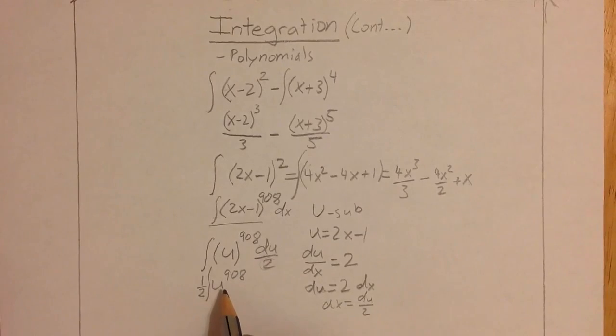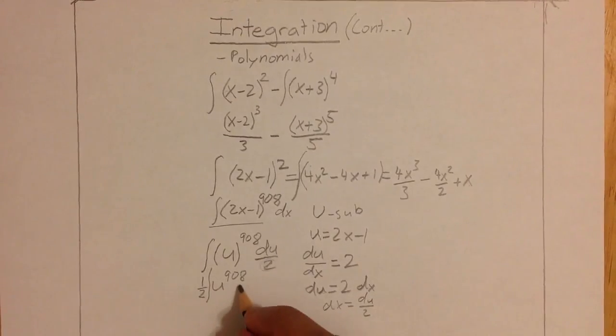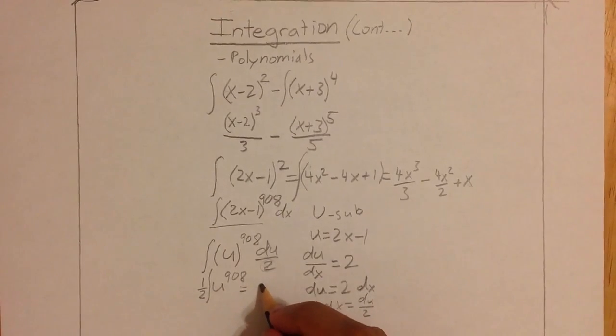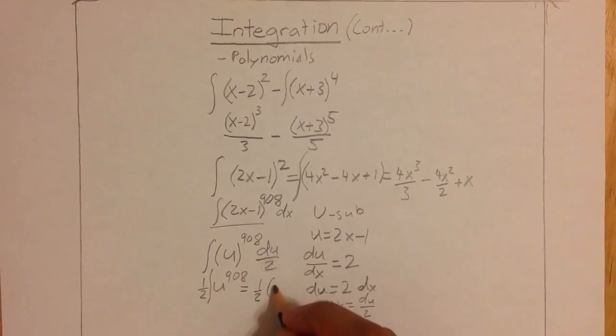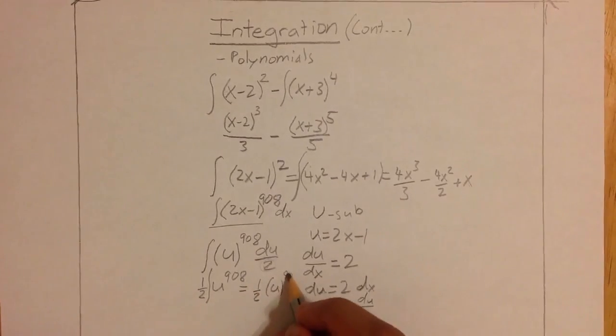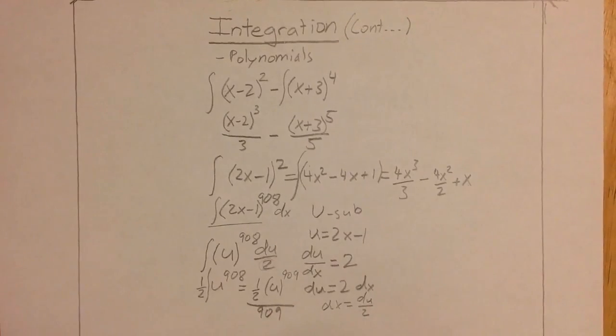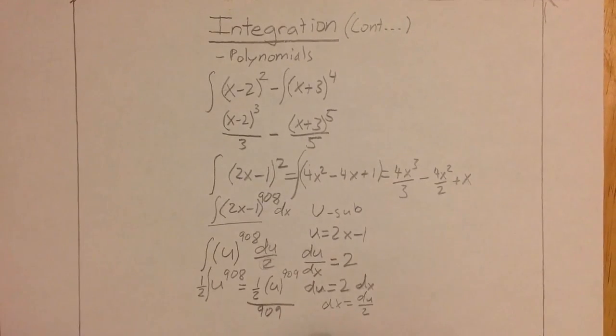Now, using the same method we used earlier for polynomials, we can integrate this as 1/2 times u to the 908 plus 1, which is 909, all over 909. But we're not done yet.